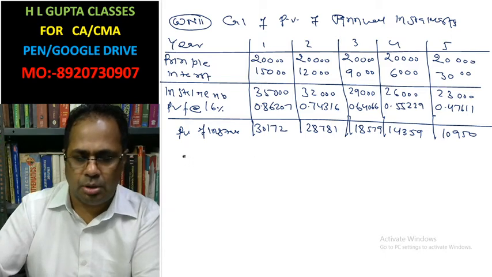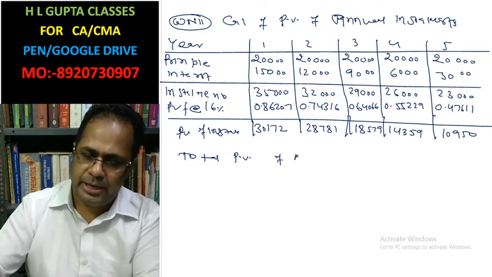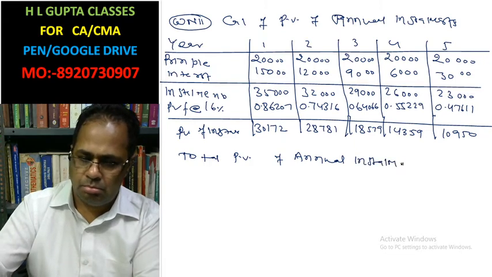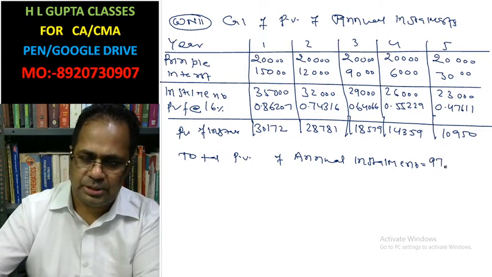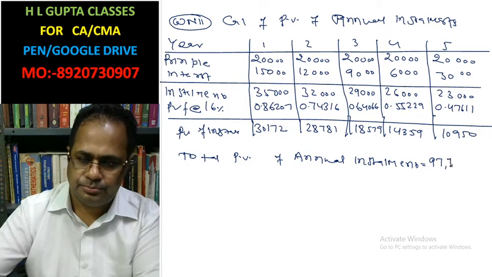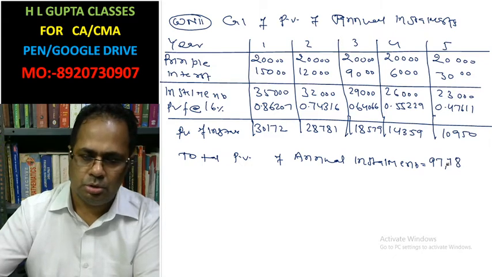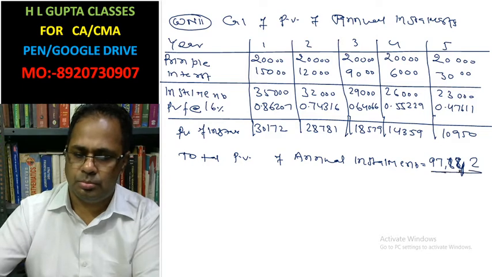Total present value of annual installment. This is 97,842.